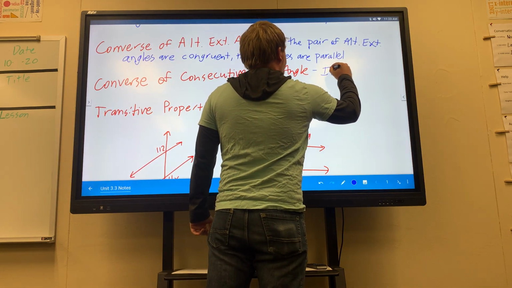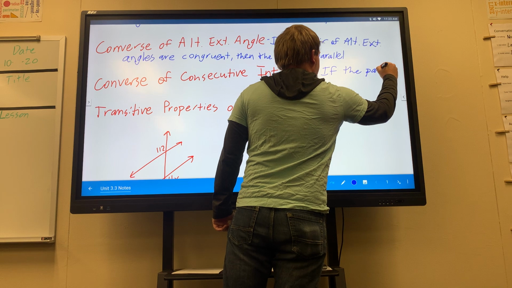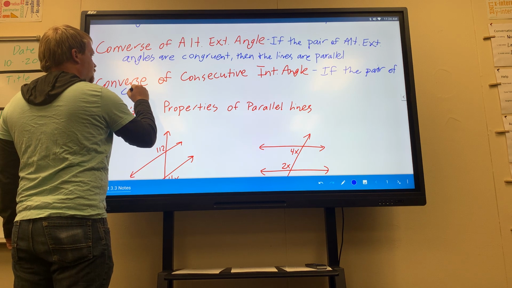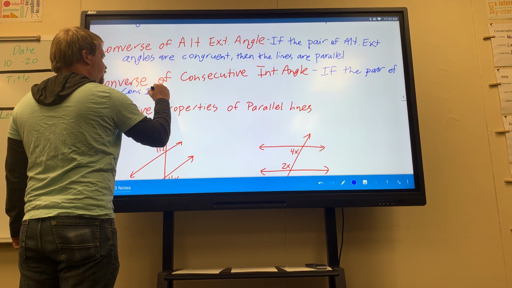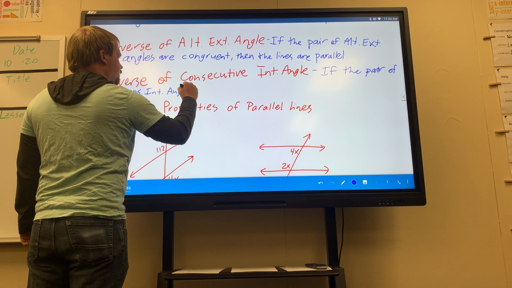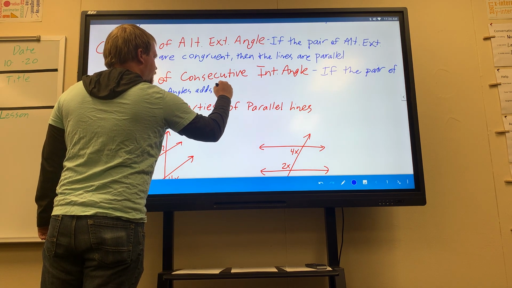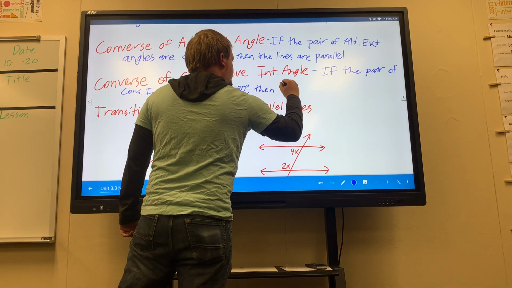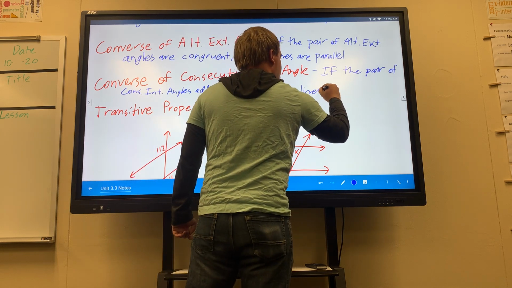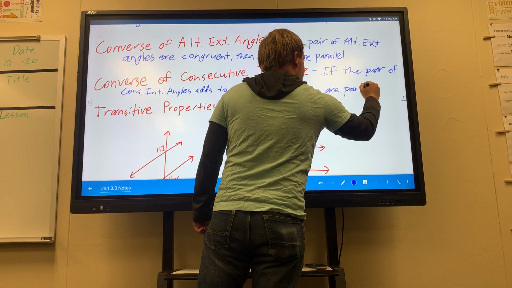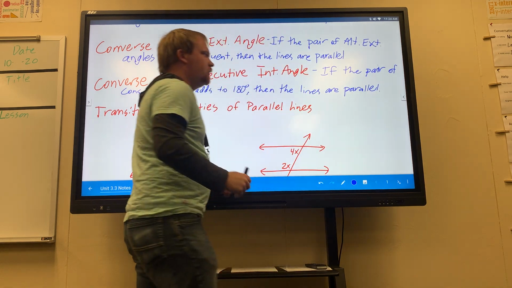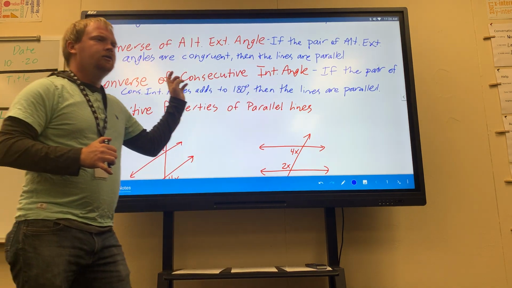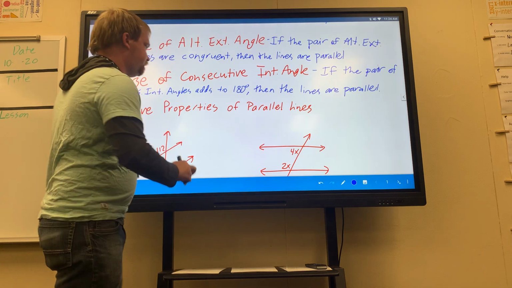So if the pair of consecutive interior angles adds to 180 degrees, then the lines are parallel. Okay? So as long as we have consecutive interior angles that add up to 180, the lines are still going to be parallel to each other.